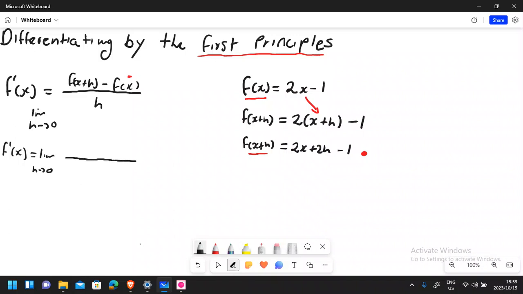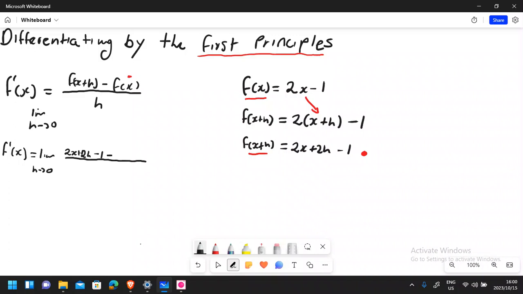So let's substitute. f of x plus h, which is our 2x plus 2h minus 1, we're going to substitute here in the first part. So it's going to be 2x plus 2h minus 1, not plus 1, minus 1. As you can see, this is our expression here.